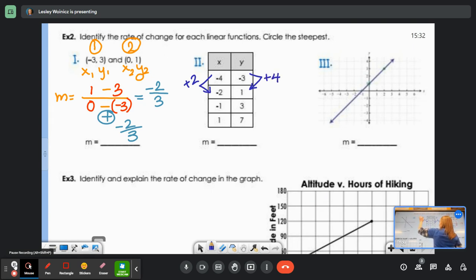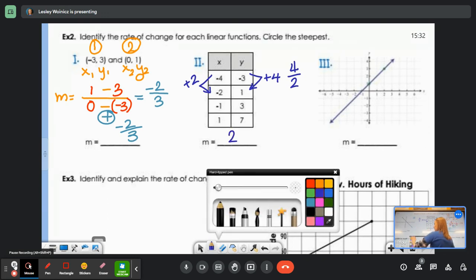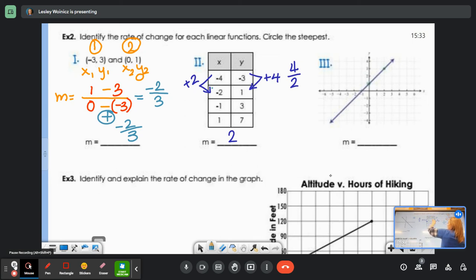Plus 4. Which one do we write on top? The 4. So 4 over 2 equals 2. Let's make sure that we did it right. We can check it with another point. So let's check an alternate point. Let's go from -2 to +1.